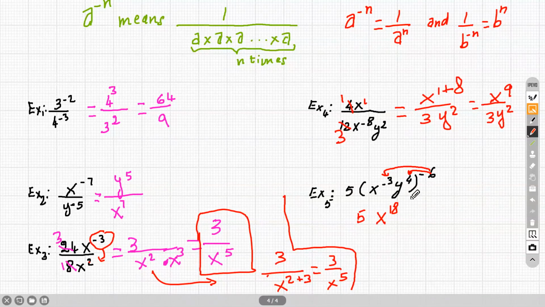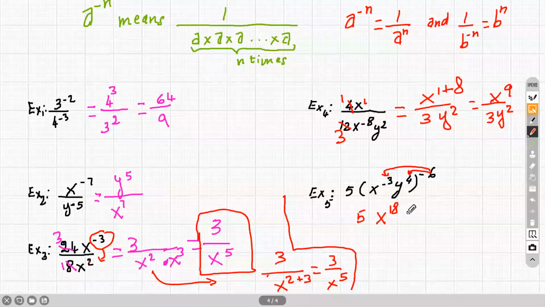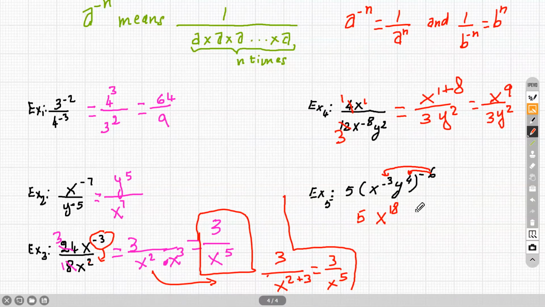And -6 times positive 4, that's -24. Negative times positive is negative. Again, if you haven't watched my video on the rules of sign, please do. So negative 24.